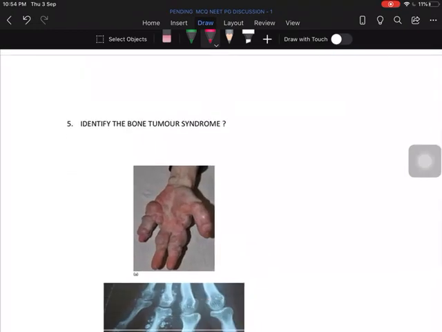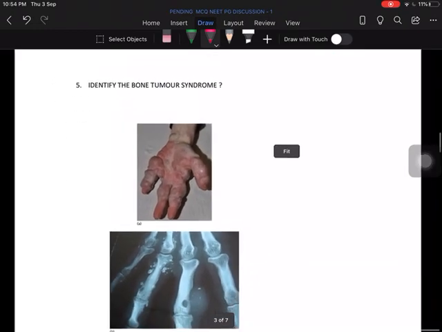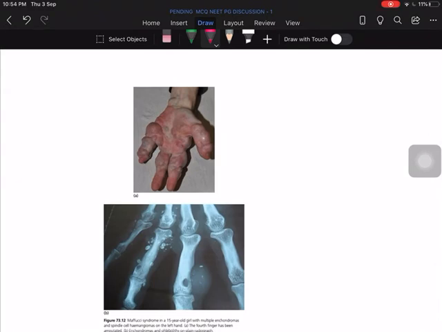Next, identify the bone tumor syndrome. You can see there are multiple bone tumors, especially in the hand, which are enchondromas. The most common bone tumor of the hand is enchondroma. You also see other tumors which are vascular in origin.